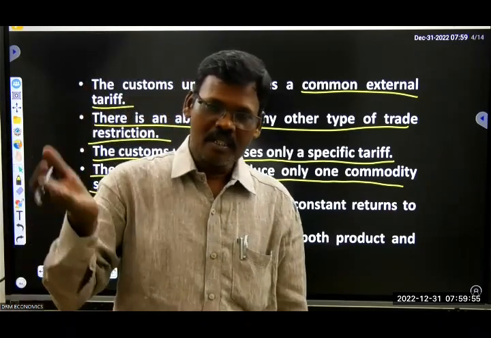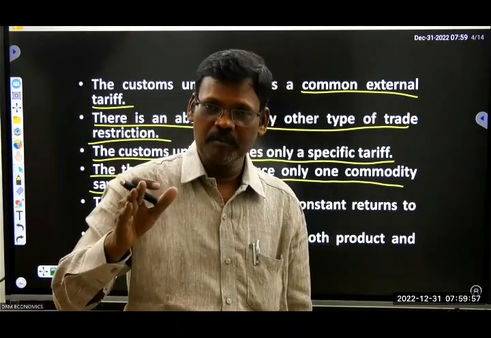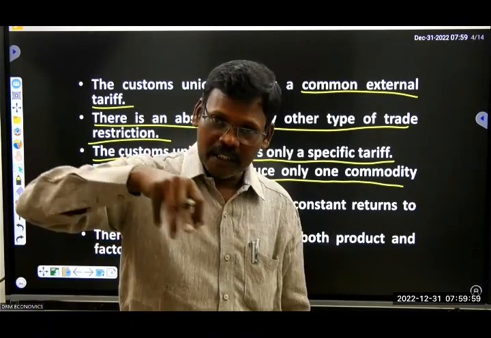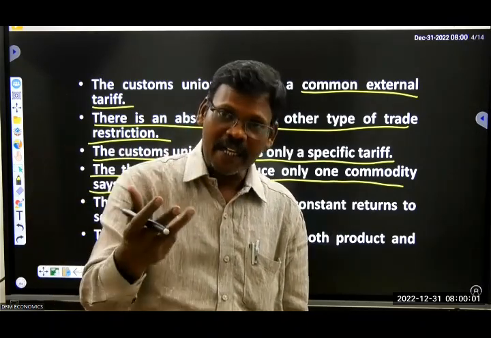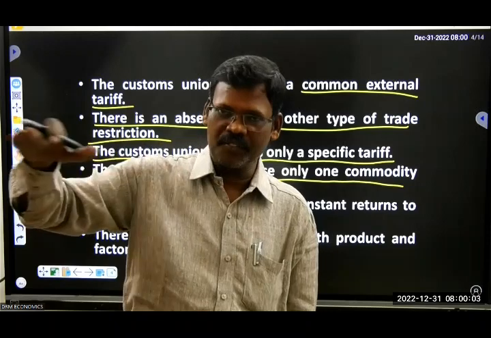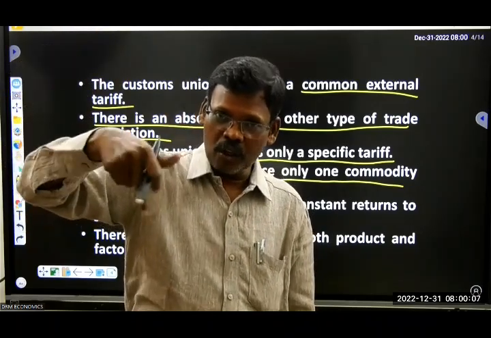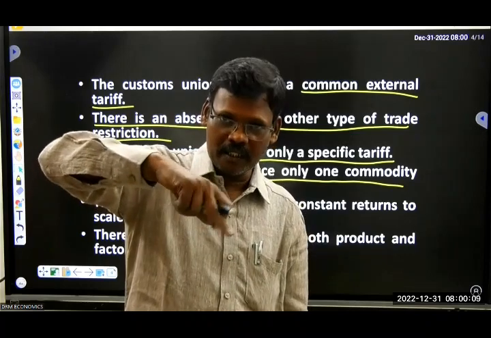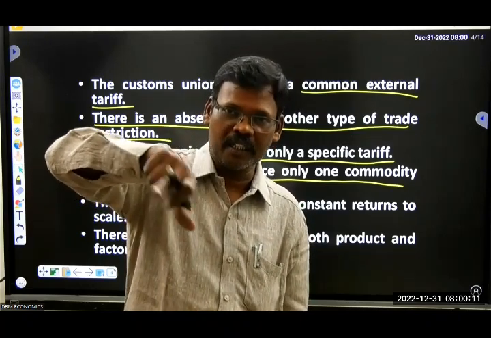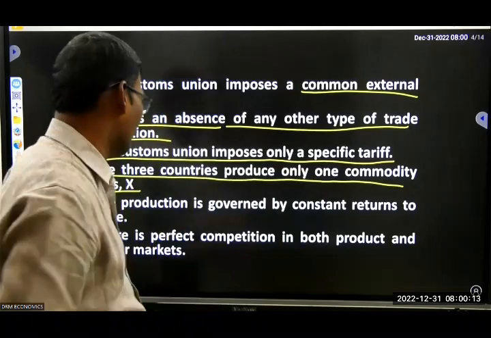These commodities have the same tariff system, other restrictions are absent, so these commodities have free trade among this union.